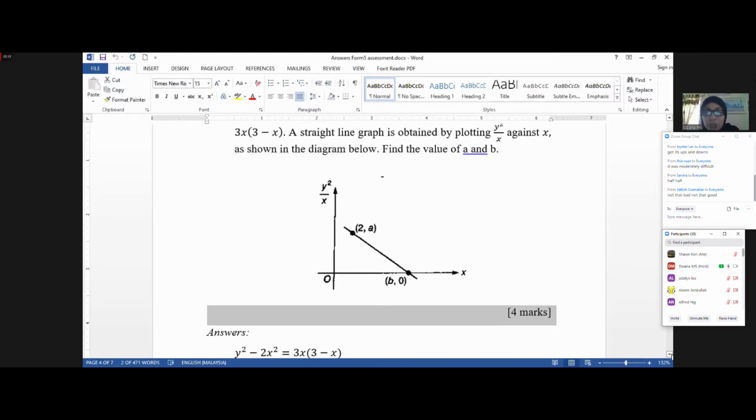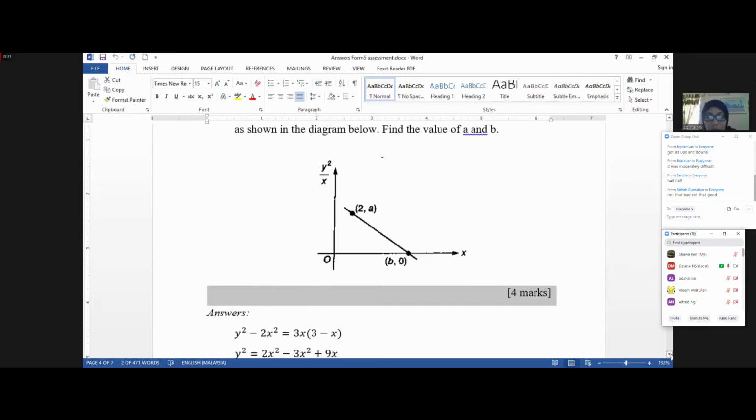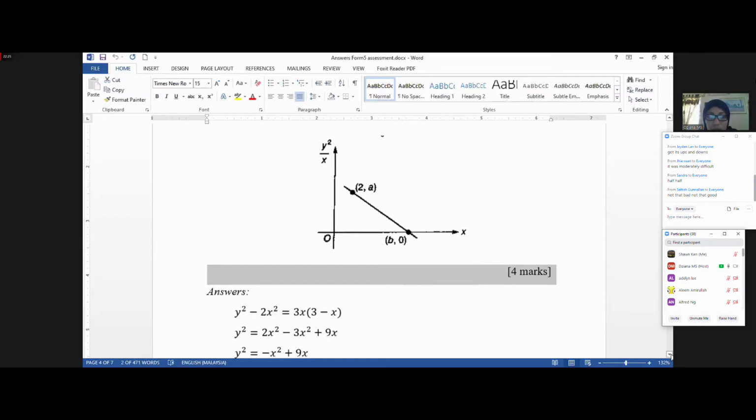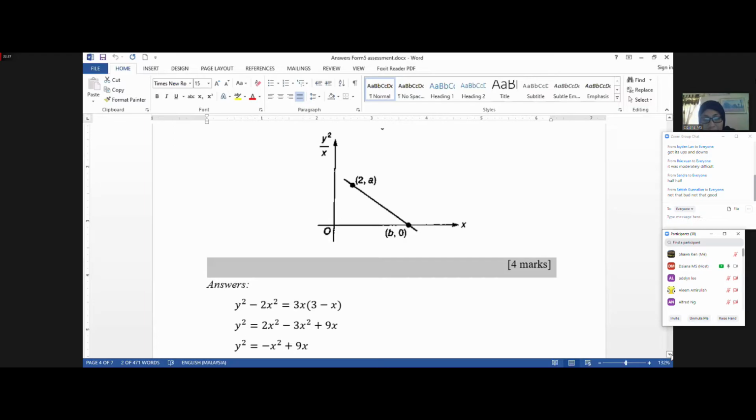From the equation, which is y squared minus 2x squared equals 3x bracket 3 minus x, I expand and rearrange it first, then I'll get y squared equals negative x squared plus 9x. But the diagram shows that my y-axis is y squared over x, so I have to divide everything by x.